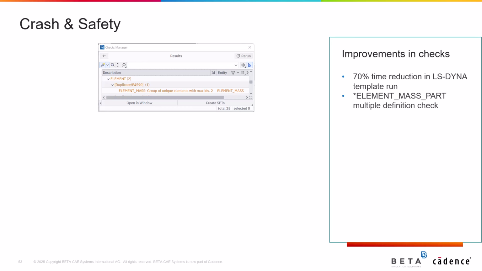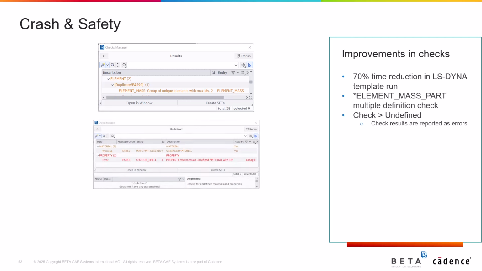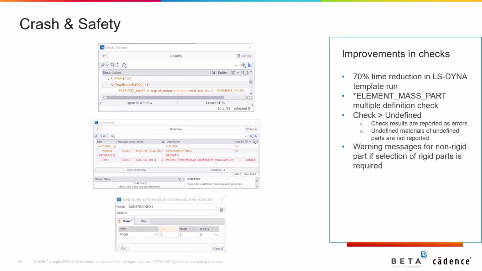The results of the undefined check are now reported as errors and not as warnings anymore. Moreover, undefined materials of undefined parts are no longer reported. Lastly, it is now possible to select a non-rigid part in entities that require a rigid part. In that case, warning messages are displayed both in the entities card and as an ANSA check.